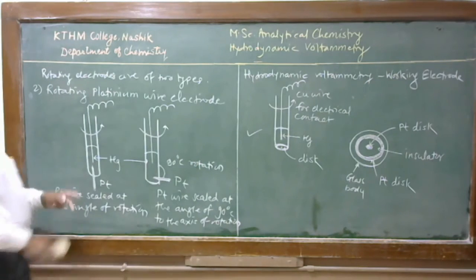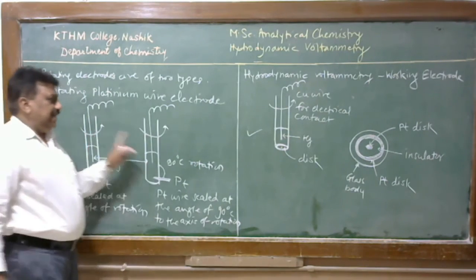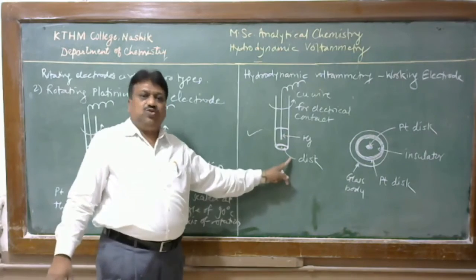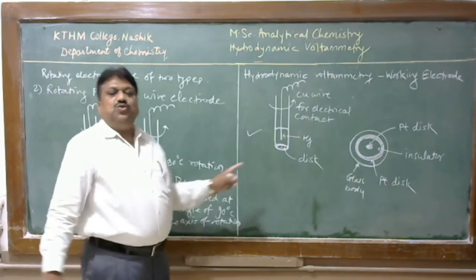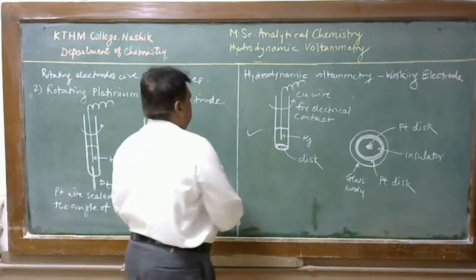Therefore, the rotating platinum electrode as well as the rotating disc electrode, both are useful in hydrodynamic voltammetry.